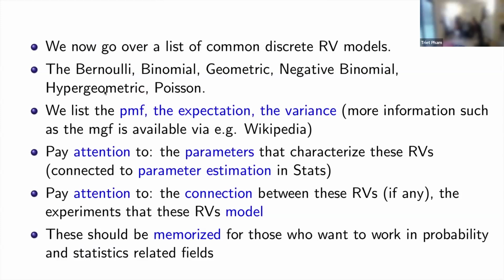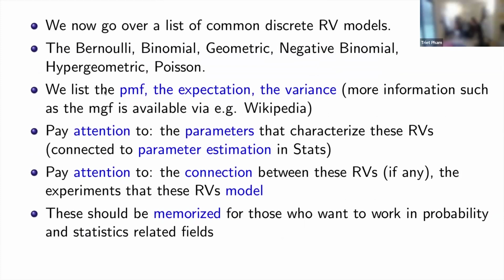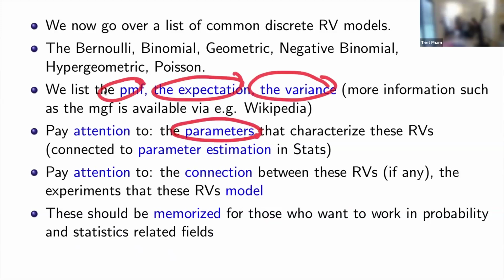As long as they employ probability, chances are you will see some of these. That's why you must memorize, just like calculus, certain things. Here you must memorize the mass function, expectation, the variance. The parameters are part of the mass function, so it goes in there.